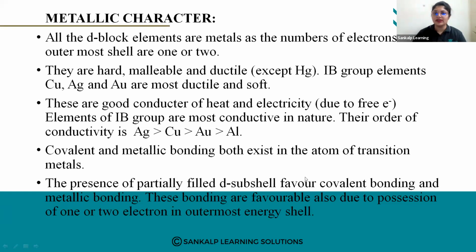They are good conductors of heat and electricity, due to free electrons. As we have discussed, because of the partially filled d orbitals, it gives rise to covalent bonding and metallic bonding. This is more favorable due to possession of 1 or 2 electrons in the outermost energy shell. So these are some of the characteristics of metallic properties.